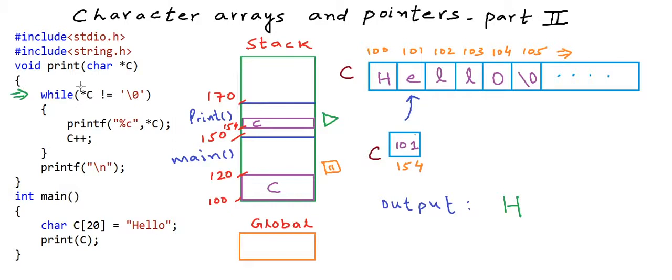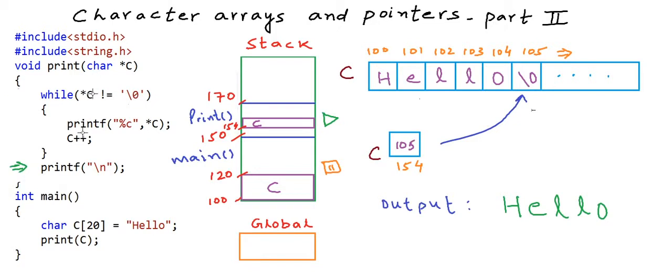And once again we come to verifying this condition in the while loop. Asterisk C is E here, it's not null. Once again we will go inside the loop and print E, and we will keep on going like this till the address in this pointer variable reaches 105. Now here the value at this particular address is the null character, so the loop will not execute.